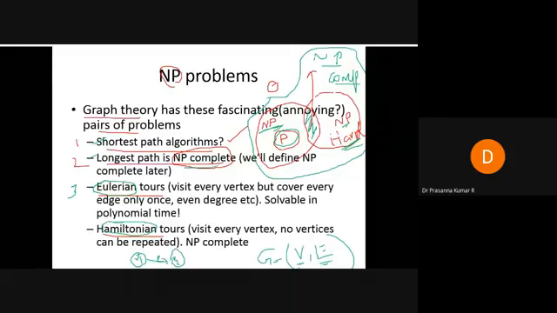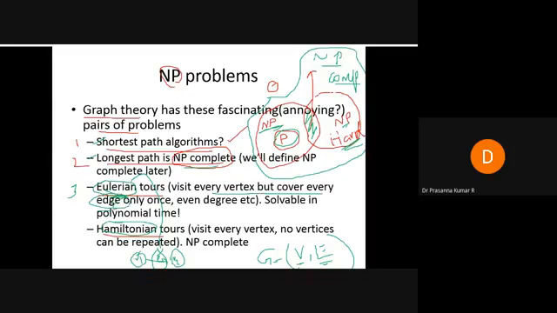This mathematician Euler, all his theorems were based on edges. You can easily remember E for Euler, E for edge. Every edge is covered only once. So all his theorems are based on edges.